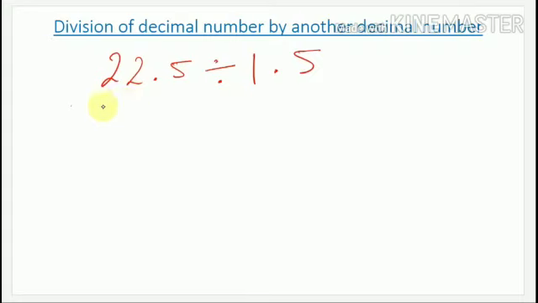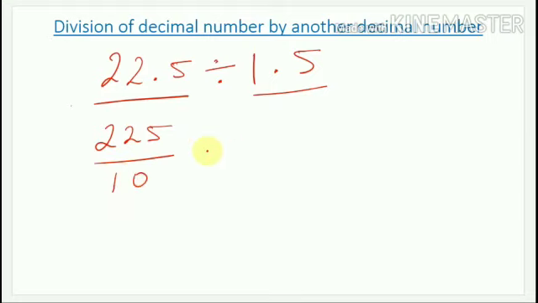So here we have to divide 22.5, this is the decimal number, by 1.5. Now to convert the decimal number into a fraction, so 22.5, remove this point, so it becomes 225 upon 10 divided by 15 upon 10.